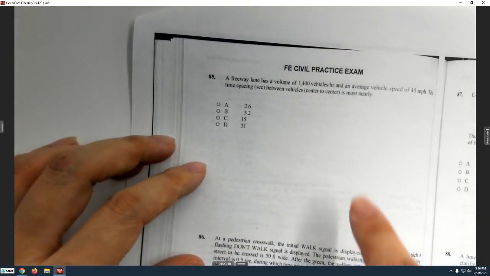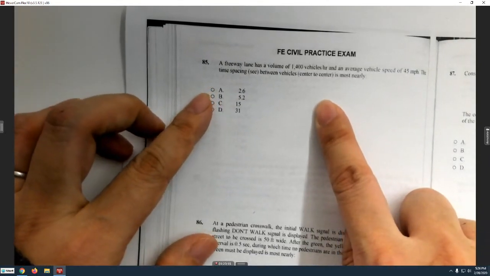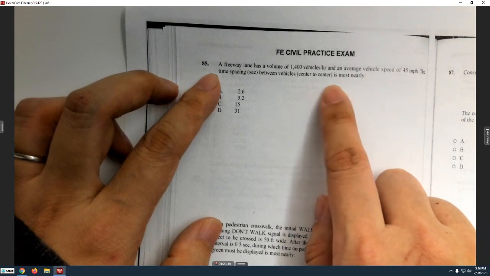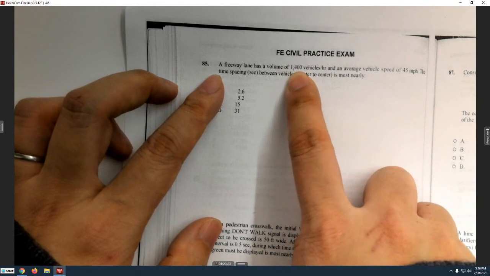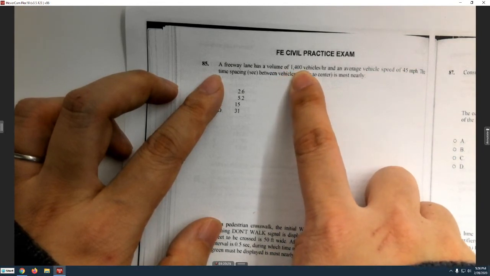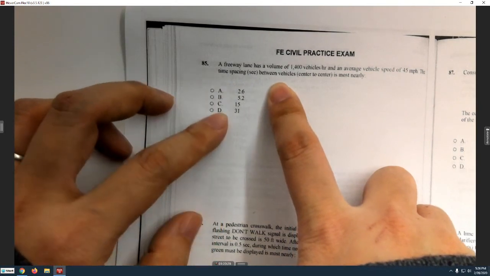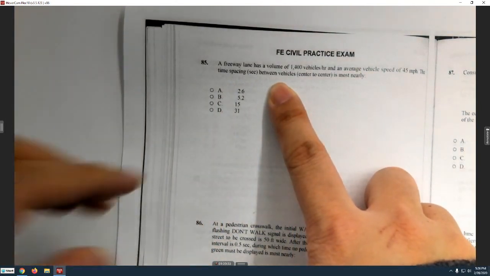85. This is another thing that might be tested, the basic concept of spacing. Volume is 1,400, and then the time spacing. Time spacing is just the reciprocal of the volume.